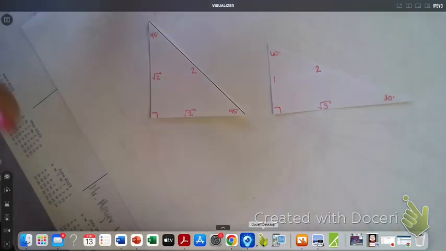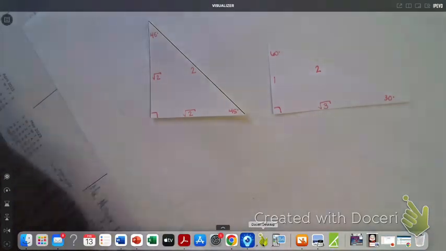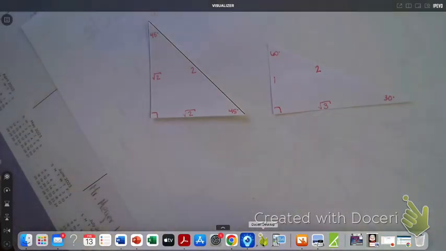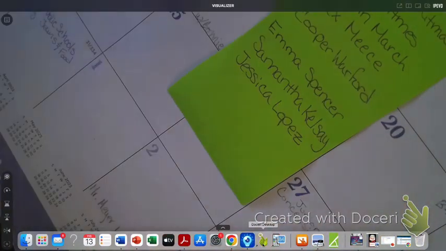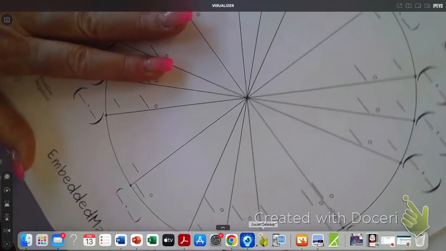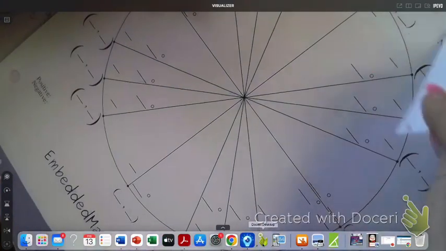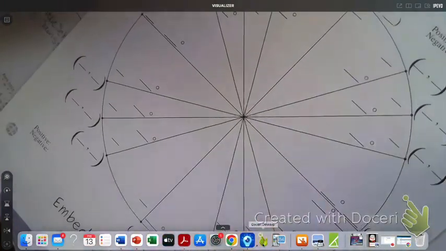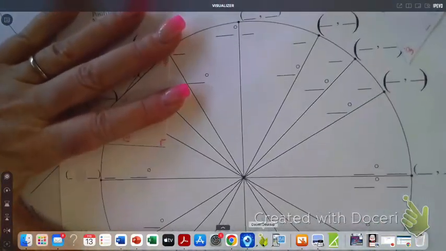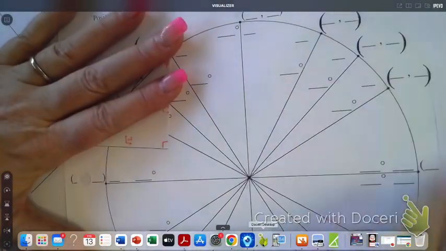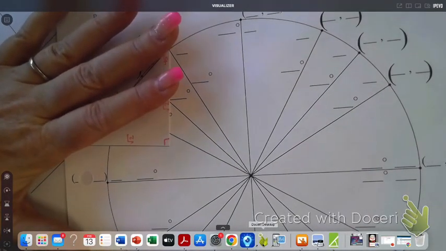I'm going to switch from my paper to the projector in a second. Your triangles do fit in here. Remember, all triangles in the unit circle are made to what axis? The x-axis.